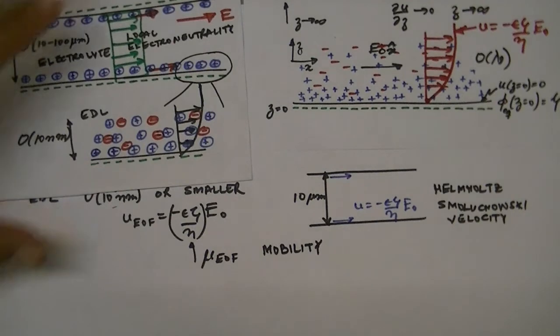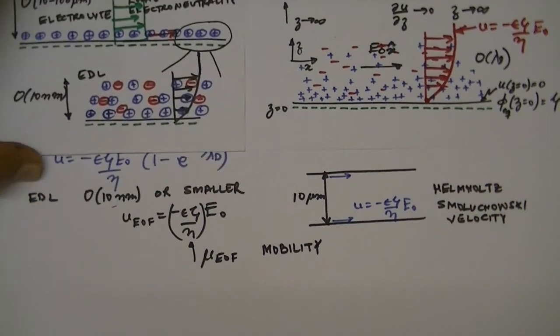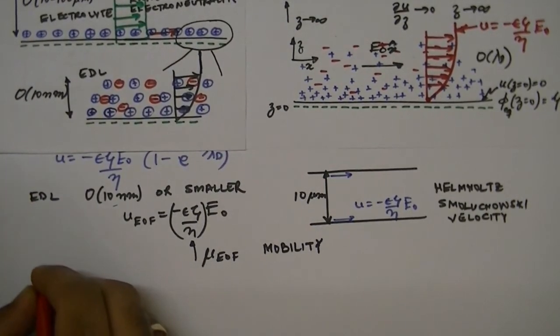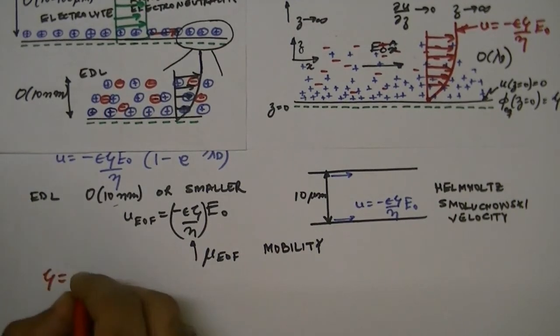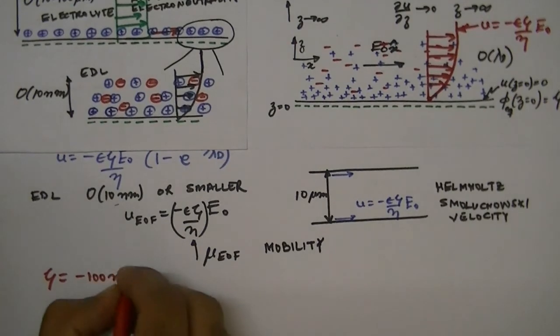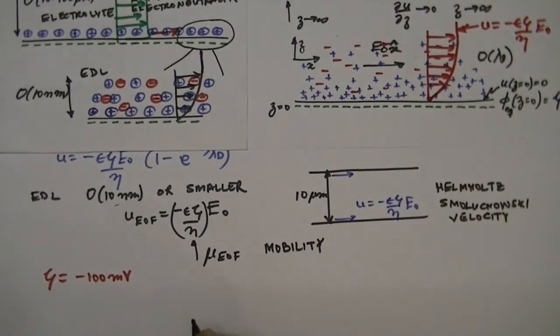Now we can look at typical velocity magnitudes of electro-osmotic flow. So the typical zeta potential is of order minus 100 millivolts, and we have a negative sign because we are looking at a negatively charged surface.